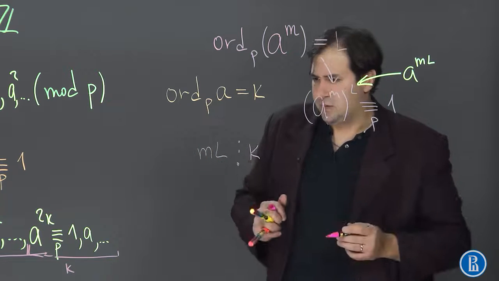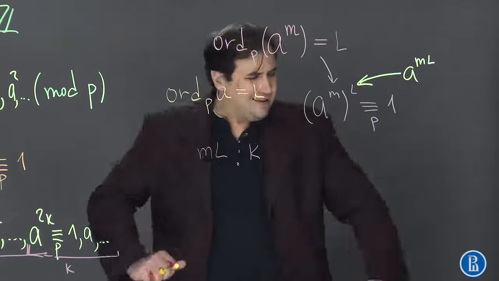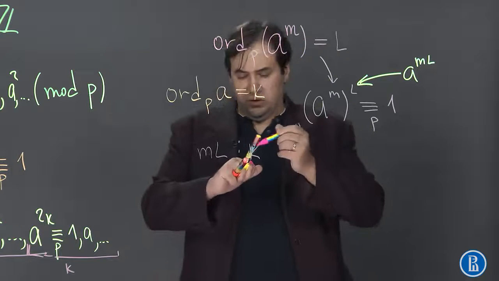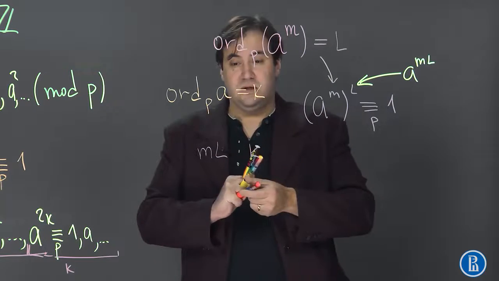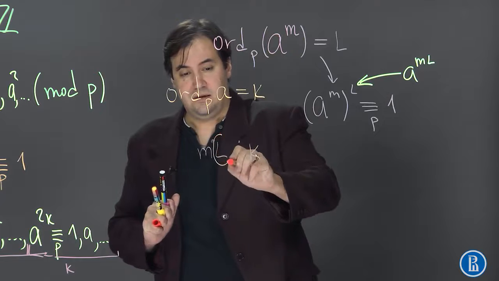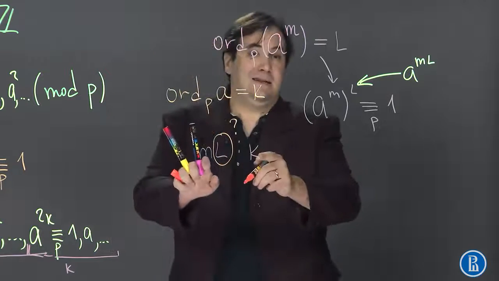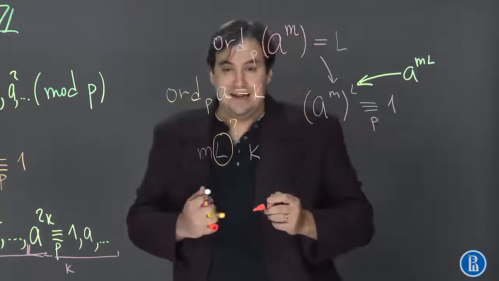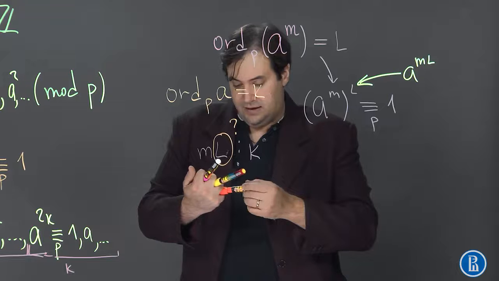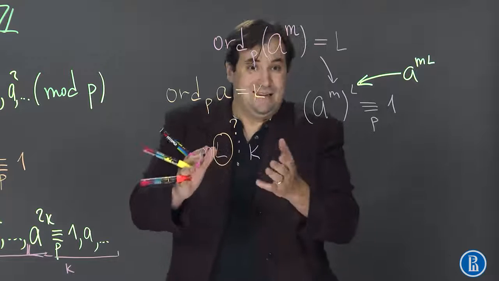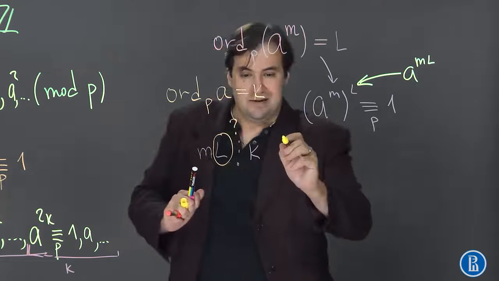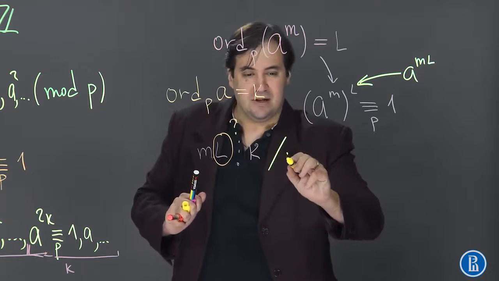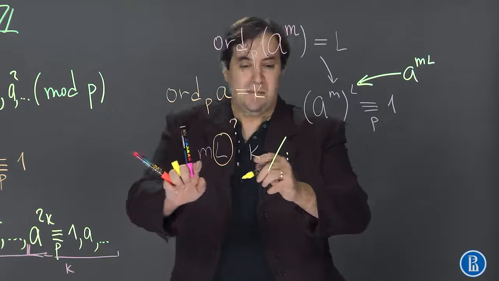What can we do with that? Well, since we are looking for L, and m and k are given, let's divide this divisibility by the greatest common divisor of m and k.